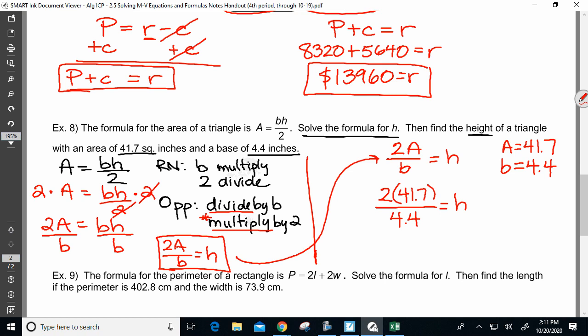Remember, if you don't have a calculator, I did send you a link that will allow you to put a calculator on your Chromebook for free. 2 times 41.7 is 83.4. So 83.4 divided by 4.4, what's that? You get a nice long-ish number.